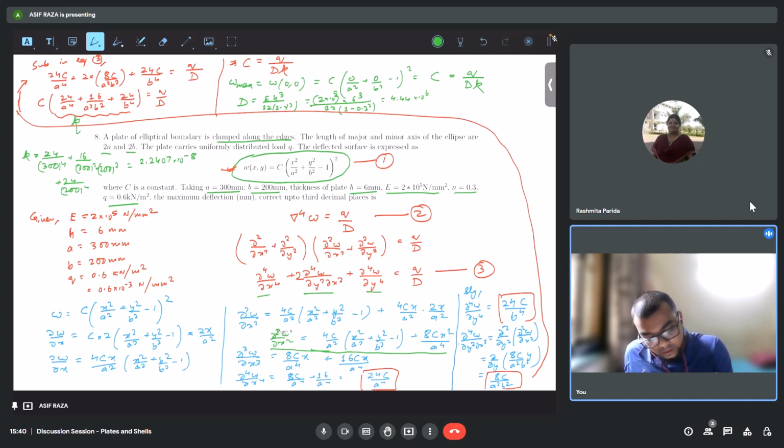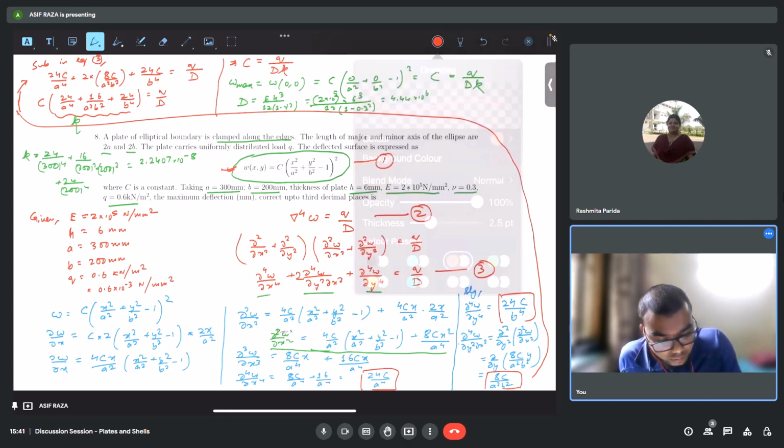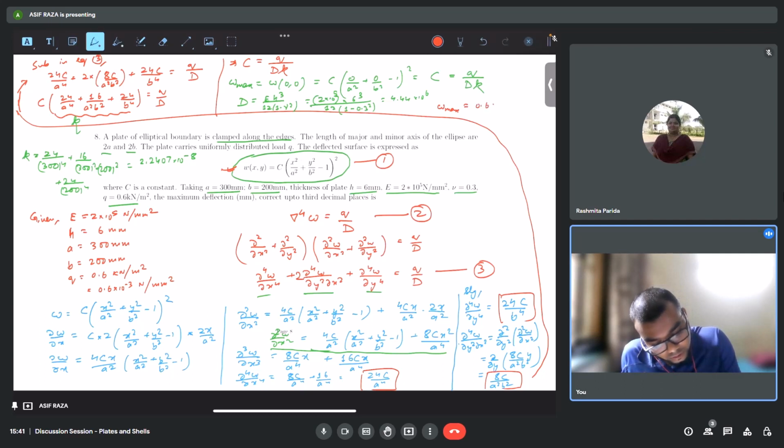And substituting the value, so we have D and k here. So finally the value of W max would be 0.6 into 10 power minus 3 divided by 4.44 into 10 power 6 and 2.2407 into 10 power minus 8.